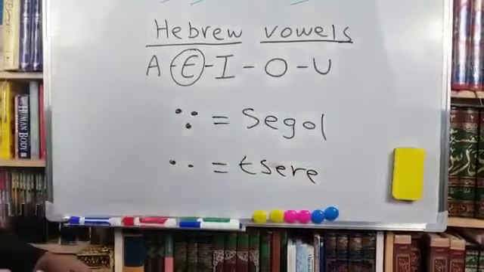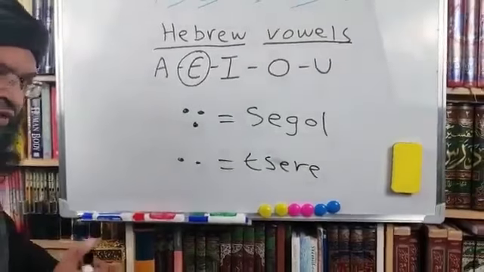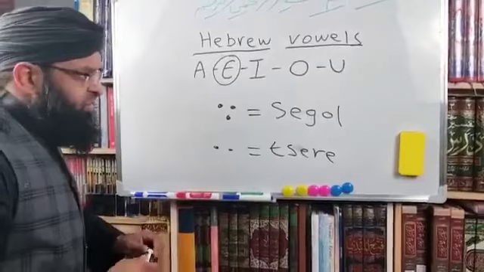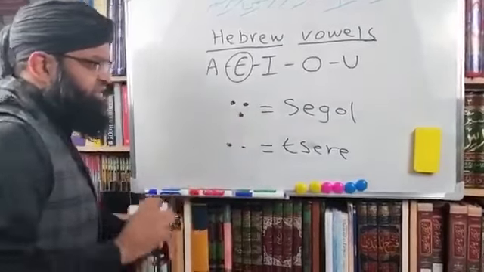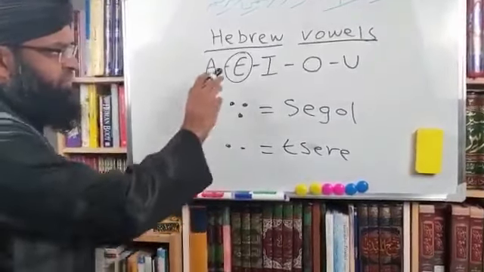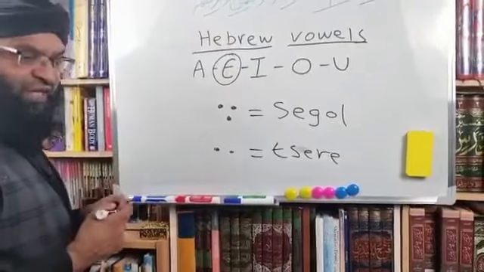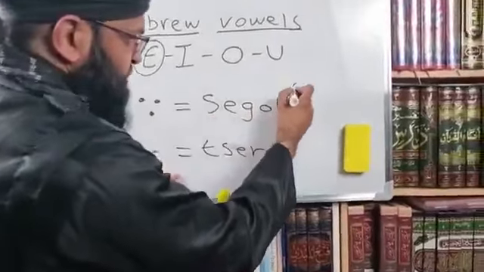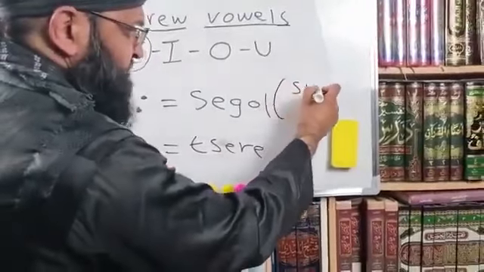Zeri might sound familiar to the Arab speakers or to the people of the Indo-Pak continent because it sounds like a zer. The sigol and the zeri both work to give an eh sound. The sigol is known to be a short vowel. I'm going to write that in brackets.